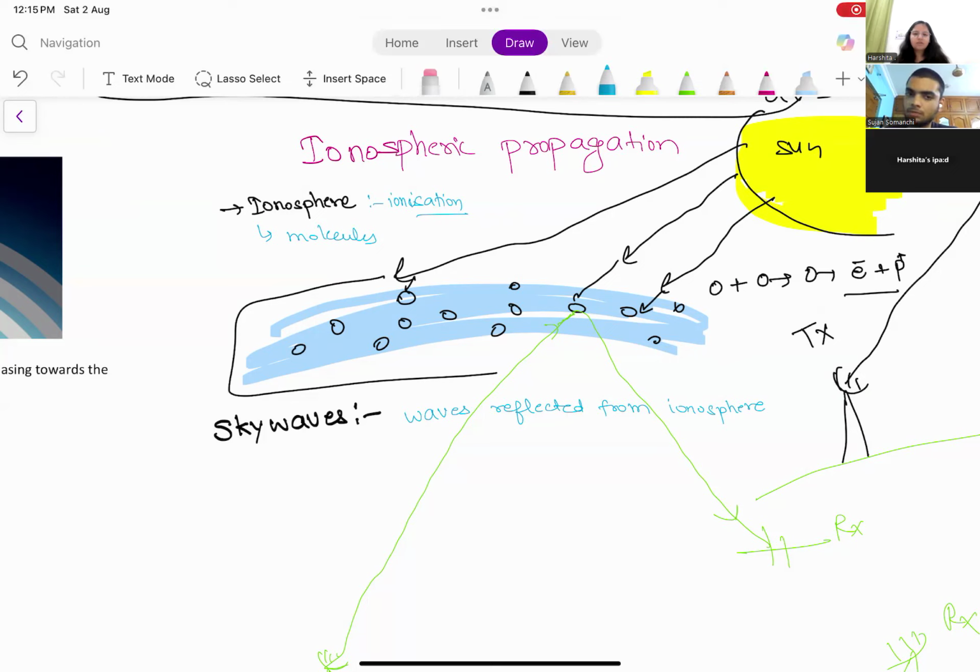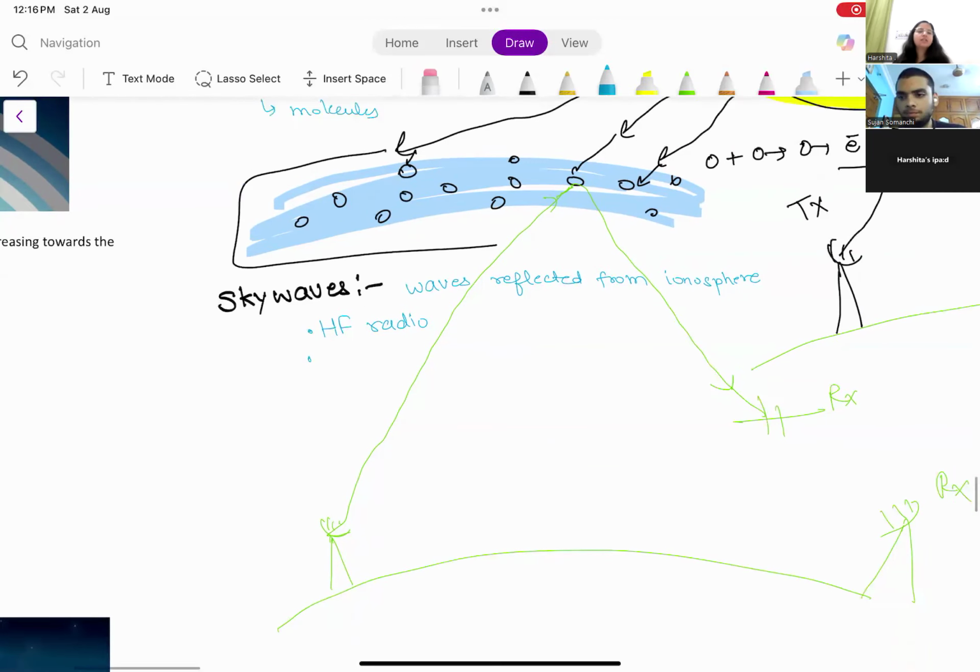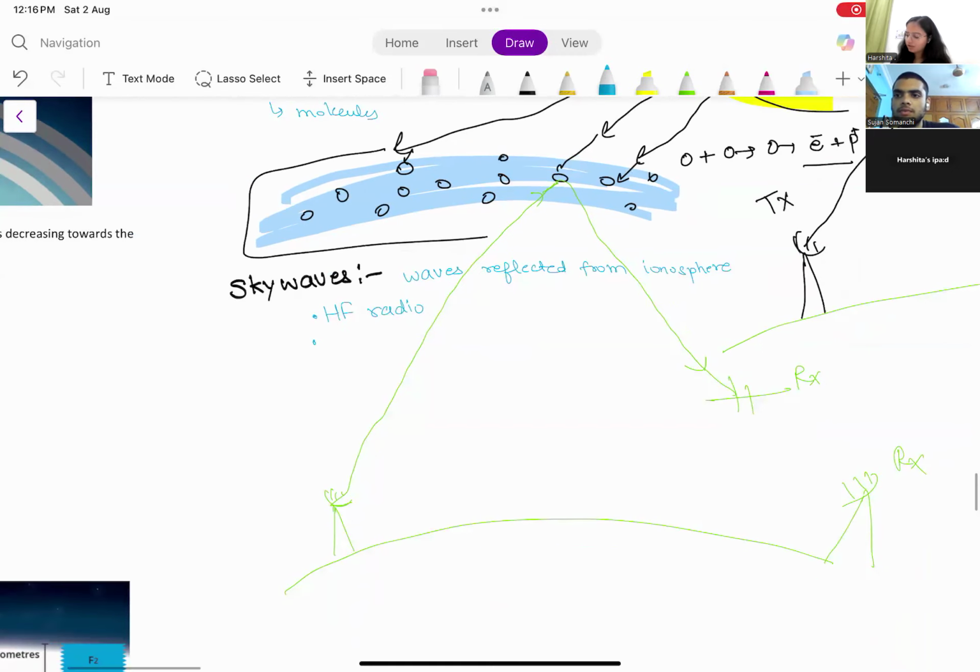Now, as we have seen that it uses HF, high frequency, do you think it is used for short distance communication, or you can use it for long distance communication? Yes, it is a high frequency. So can we use it for short distance communications, or we will use it for long distance communication? Long distance communication. Good.